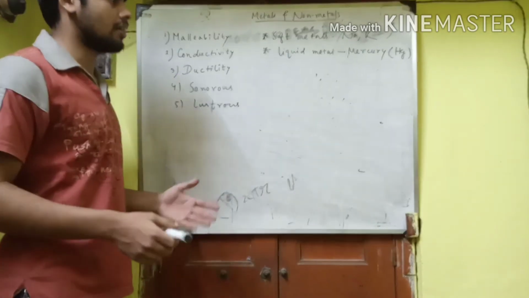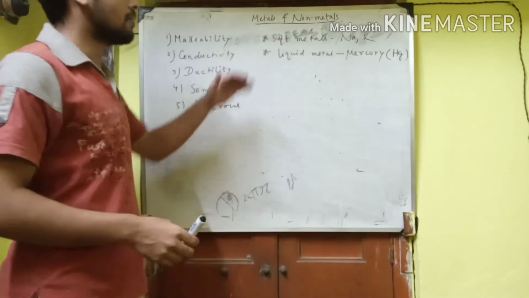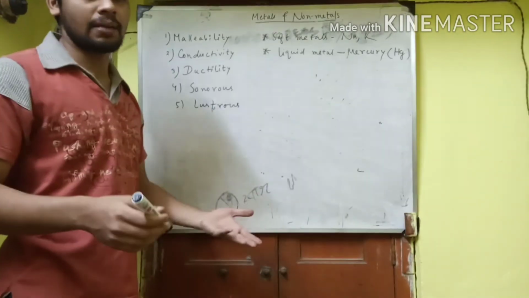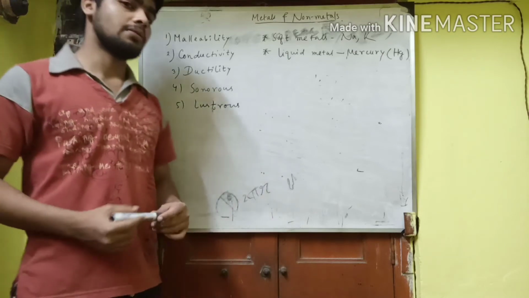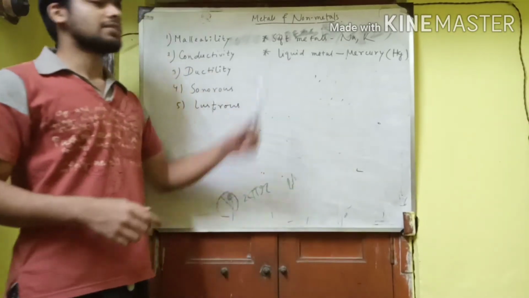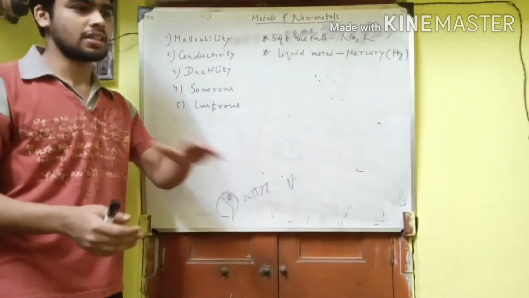You already have in mind that metals are malleable. Elements that have this property are called malleable. Metals are malleable because metals can be beaten into thin sheets.